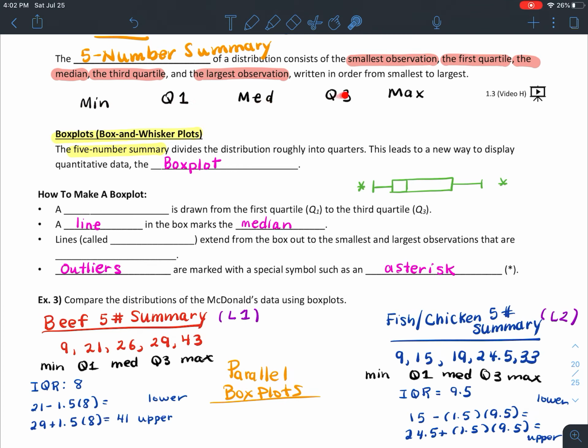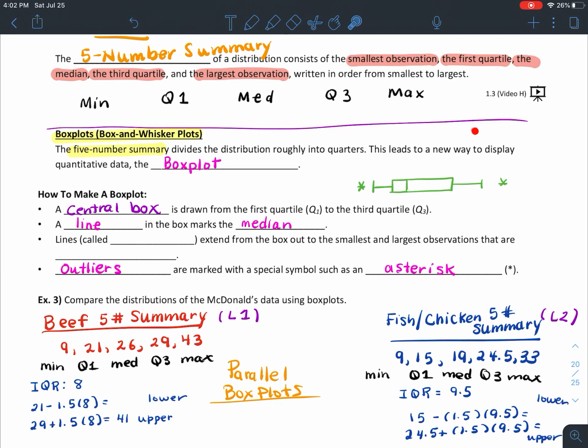And I'm just going to demonstrate that right underneath where I have these written, min, Q1, median, Q3, max. Okay, it says here how to make a box plot. What you do is you make this central box, and it's drawn from the first quartile to the third quartile. So just to illustrate this up here, and by the way, you would have a number line underneath here.